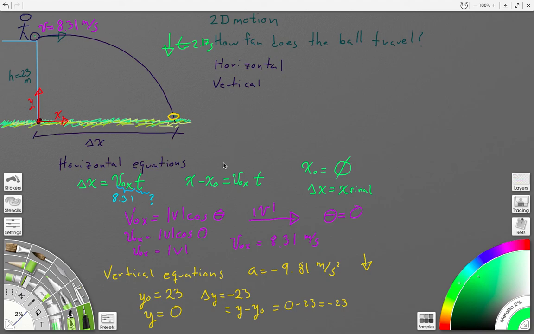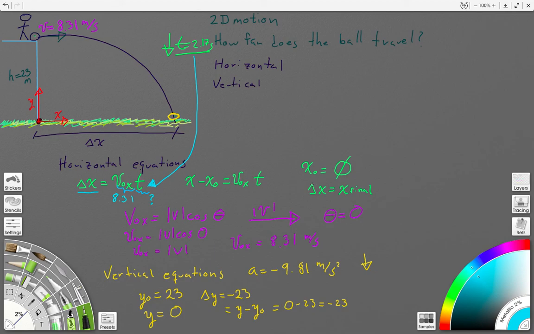So it's only a matter of plugging that amount into this equation. This equation is telling me that change in position is equal to my horizontal velocity times the time it takes to go from one position to the final position.